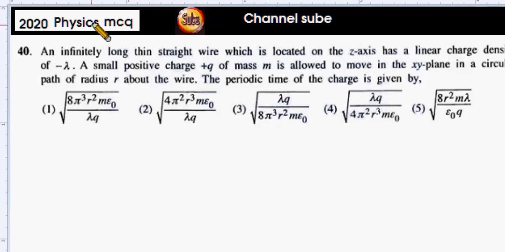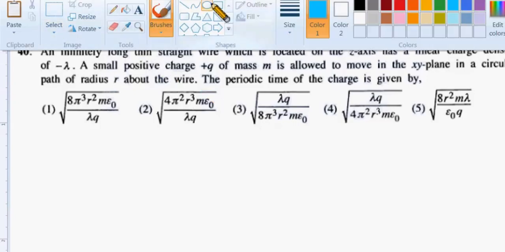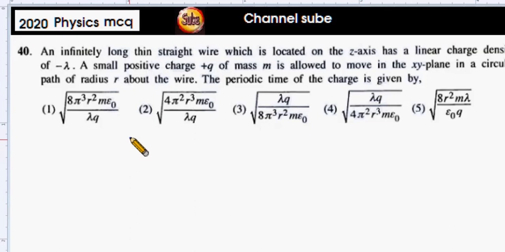So let us draw a little sketch. The wire is located like this along the z-axis.